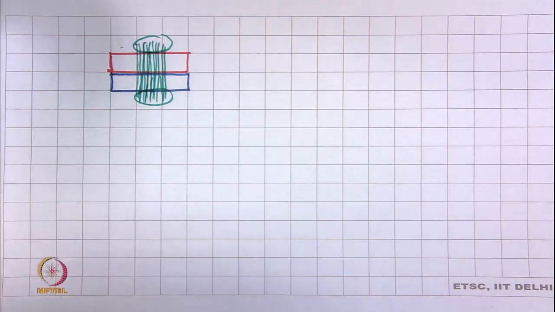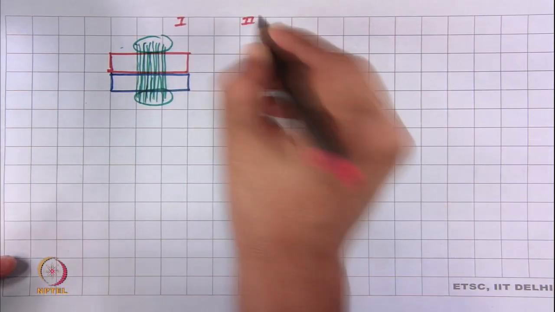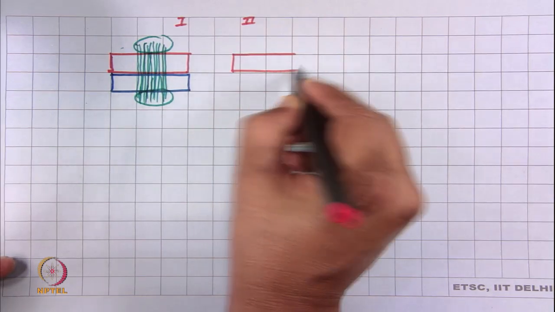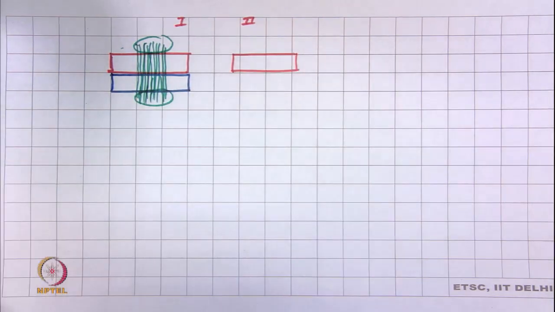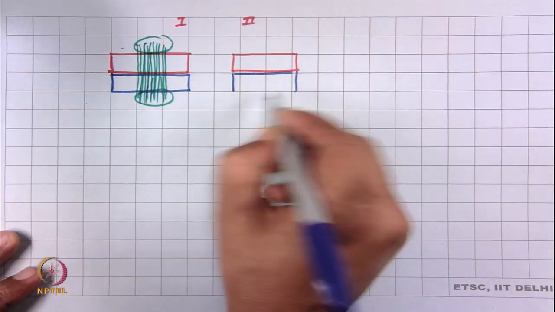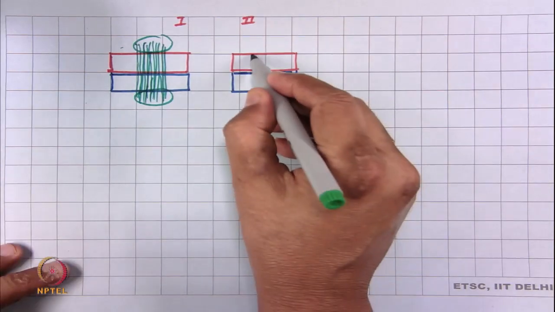Okay. Now, this is situation 1, and after the cutting, okay, and these are the fibers.